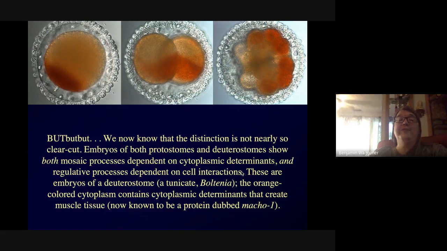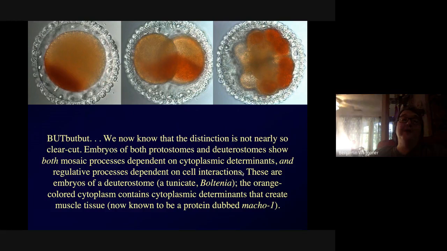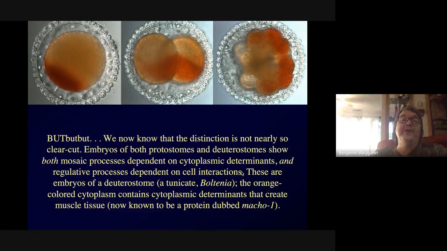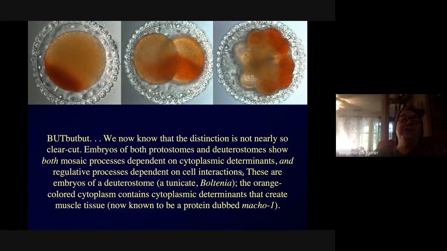So on the left, that's a freshly fertilized Boltenia egg, and the halo of cells around it is not part of the embryo, the clear stuff. The egg itself is mostly orange, and you can see at the lower left of the cell, there's a zone of much darker red-orange cytoplasm.